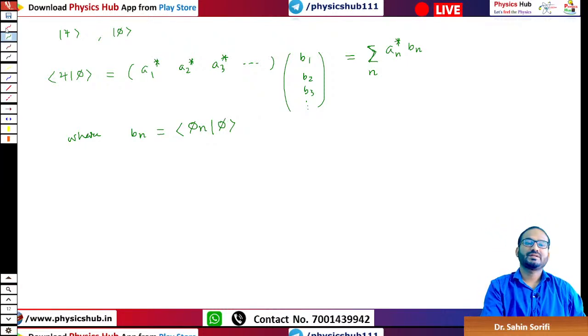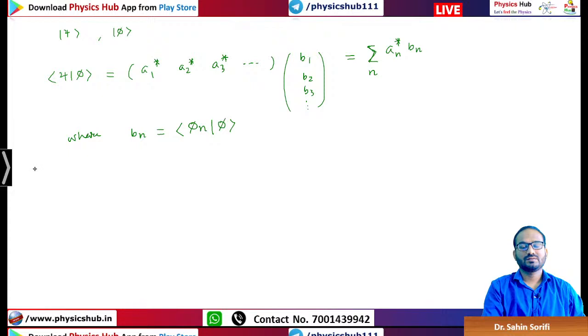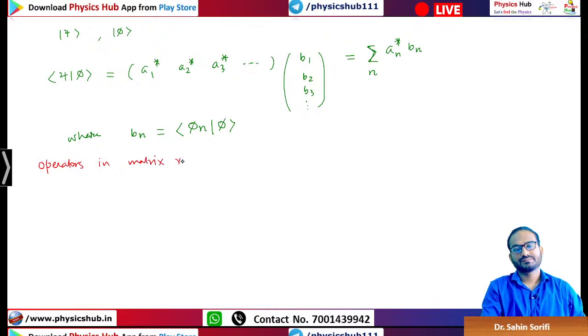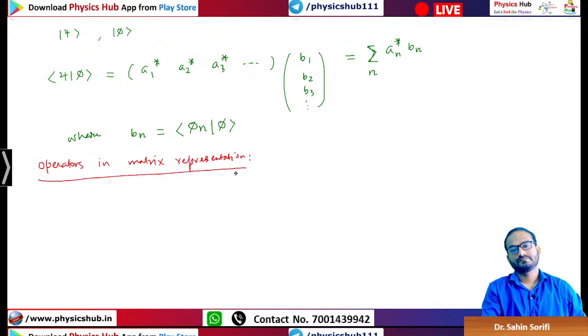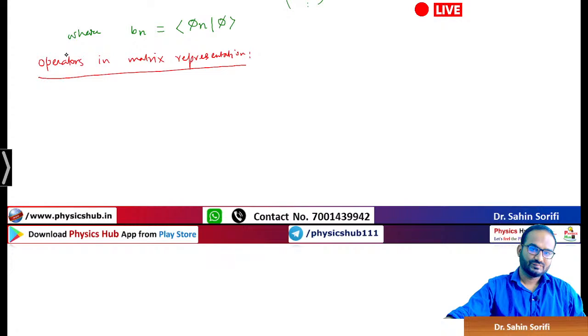Now we have represented ket and bra, and let's now represent operators. Operators in matrix representation. Is it getting heavy, or should I go a little bit more?